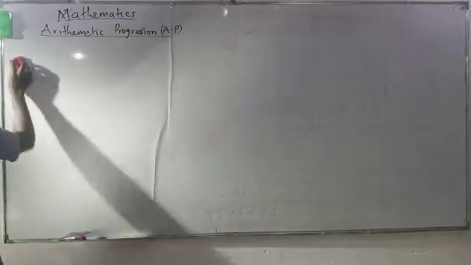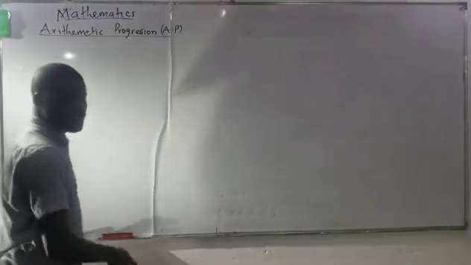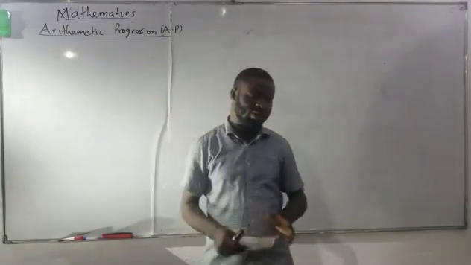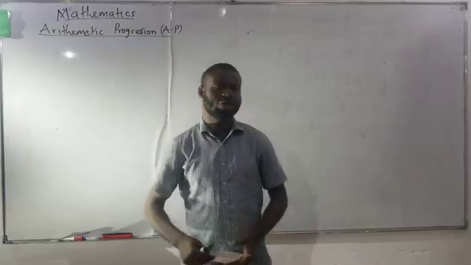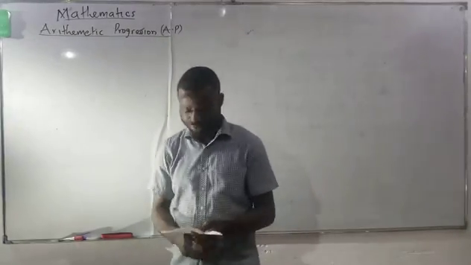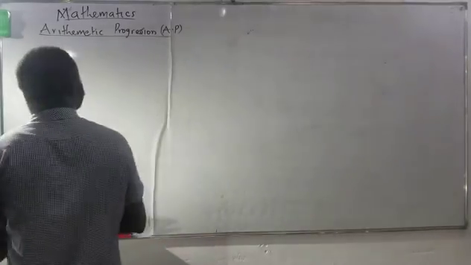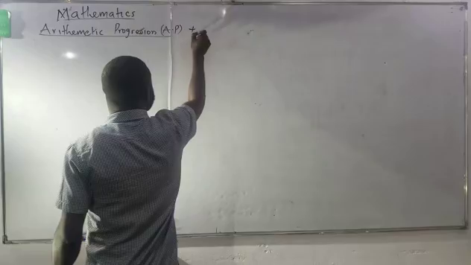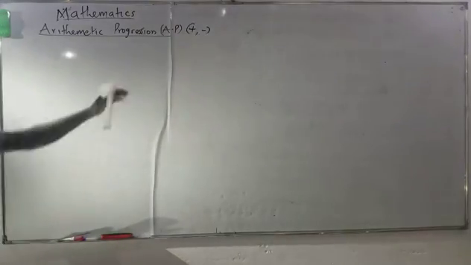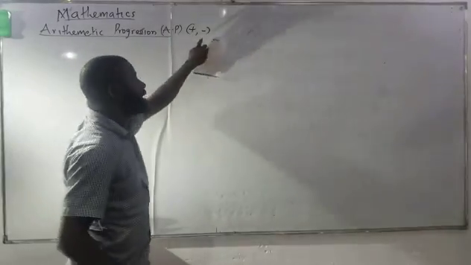When I was explaining sequence and series, I told you about pattern, and about geometric progression and arithmetic progression. But this time around, we are working with the operations plus and minus. You will see the application of addition and subtraction.